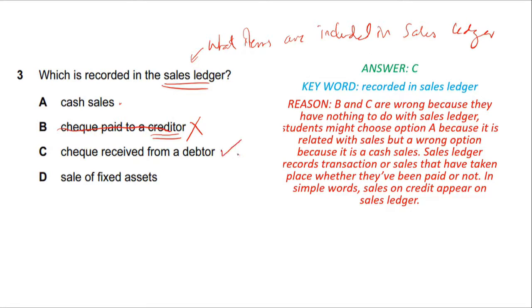Yes, this is a better option, because multiple choice questions are always about choosing the best option. Sometimes they are fact-based, but most of the time you would see it's choosing the best option, and that's why they are tricky. Moving on to option D, it says sale of fixed assets. Now this has nothing to do with the sales ledger.